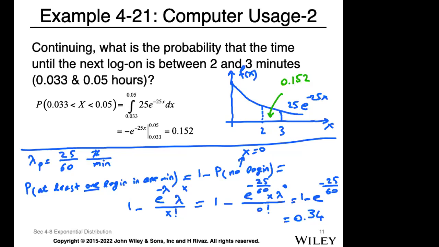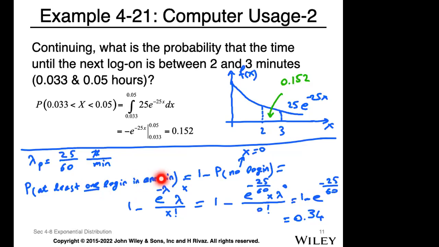I usually ask this from you, but since this is beyond the scope of this course, I explained why the two numbers are not the same. What we calculated in the second part was the probability of no login in 1 minute.